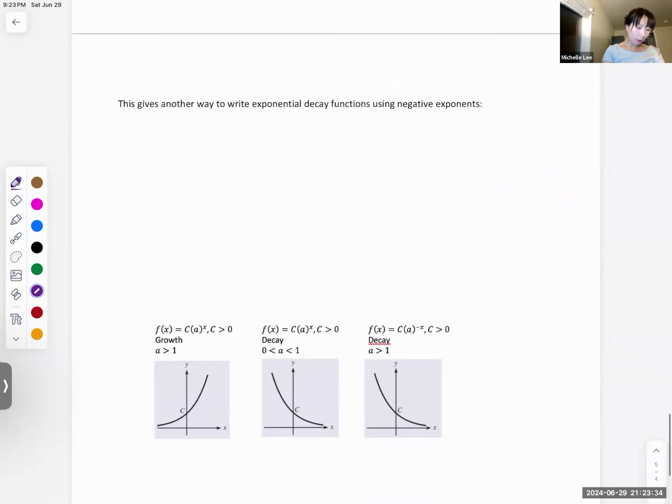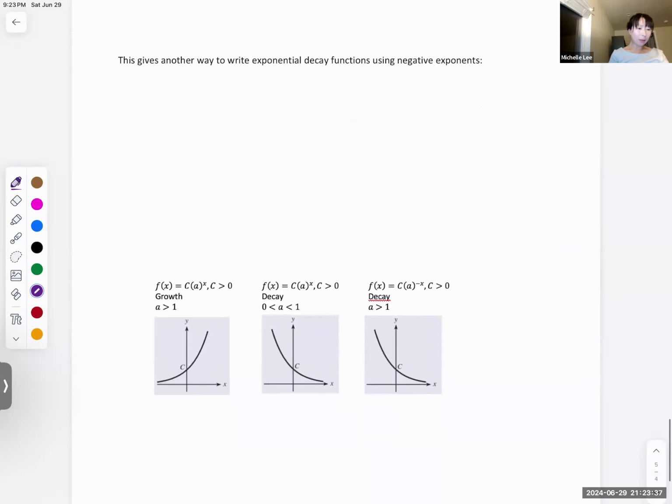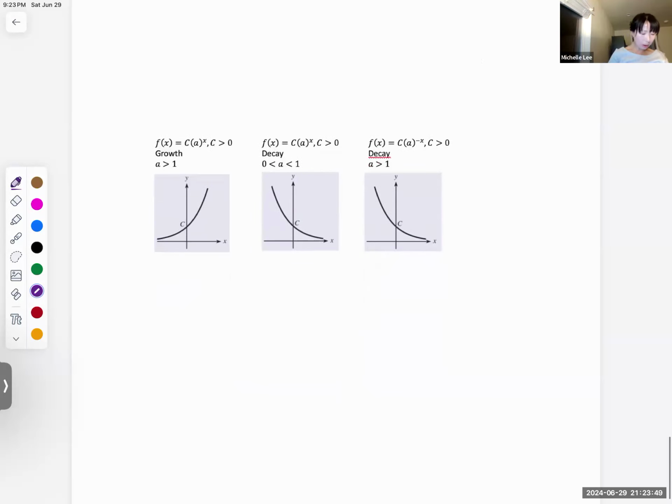All right. Once again, we have exponential decay here. Let's take a look. We have c times a to the x power, right?